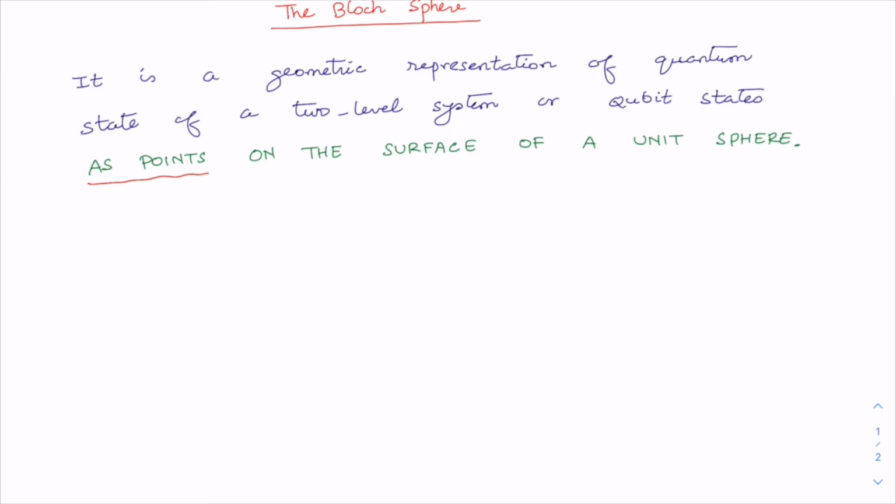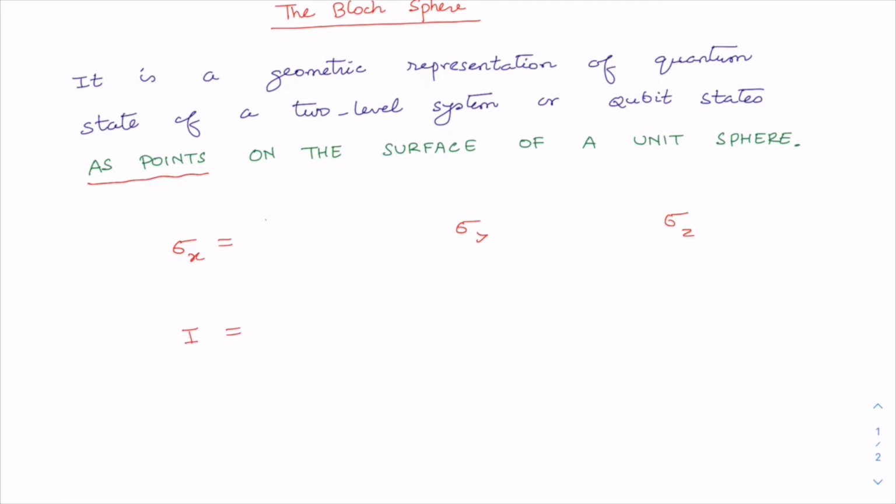We learned in lecture 2 that any 2 by 2 matrix can be expressed in terms of the Pauli matrices sigma x, sigma y, and sigma z, and the identity matrix.